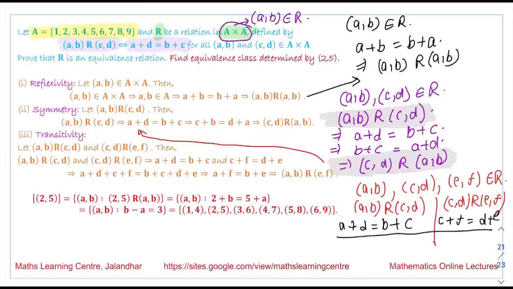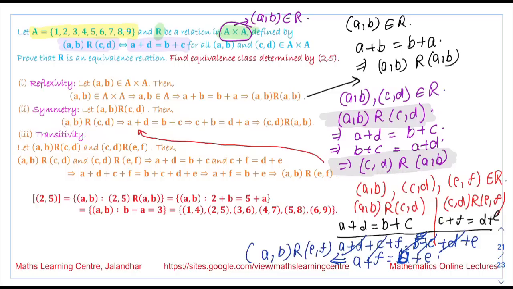Now if we add both these equations, we obtain A plus D plus C plus F is equal to B plus C plus D plus E. This C gets cancelled, this D gets cancelled, and we are left with A plus F is equal to B plus E. And this implies that A comma B is related to E comma F. So for A comma B related to C comma D and C comma D related to E comma F, we have A comma B related to E comma F. It means this relation is also a transitive relation.